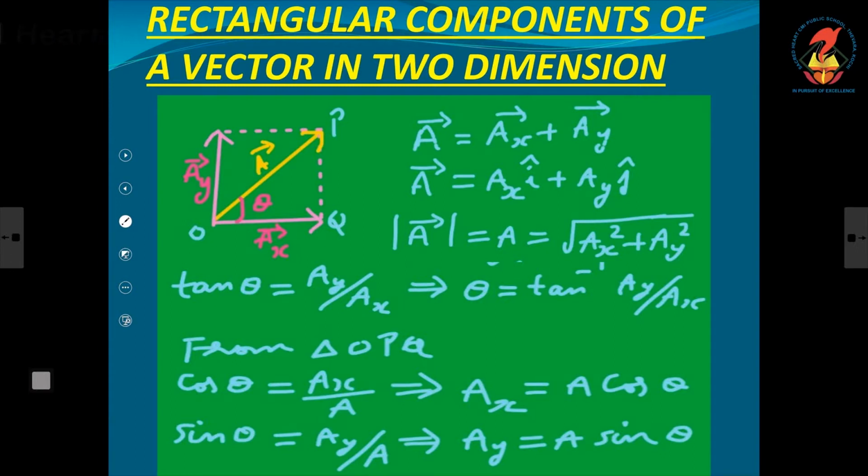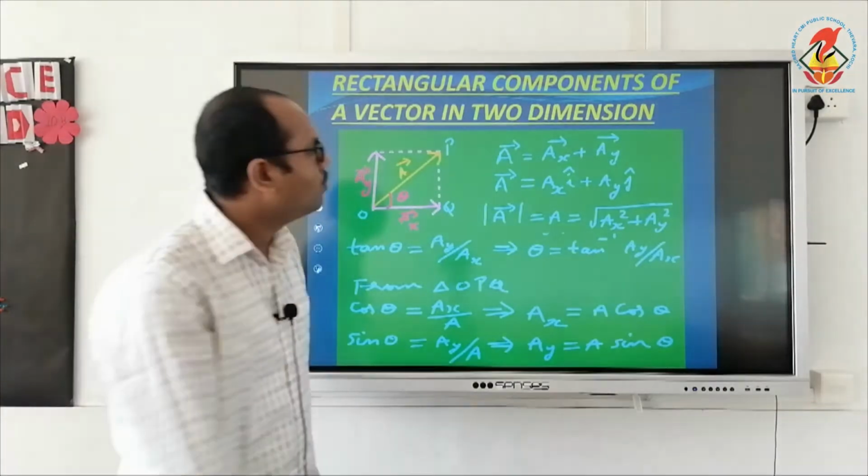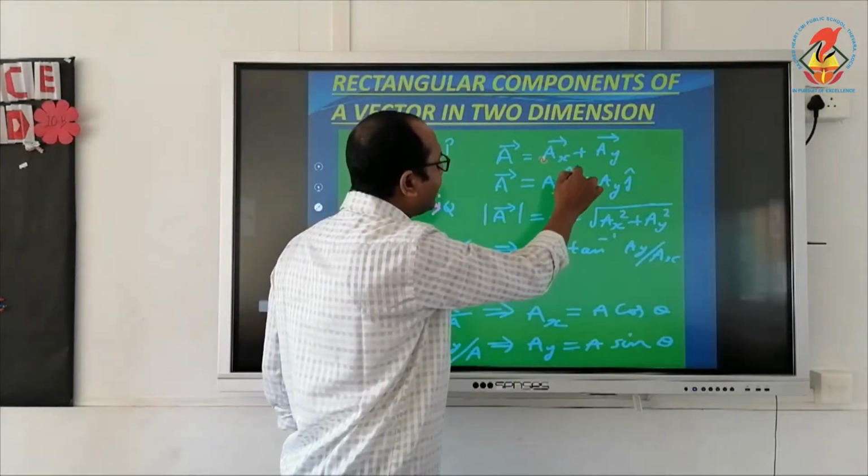Now I just draw the parallelogram here and here. I took the parallelogram and this became the resultant. So now I can write vector A as vector AX plus vector AY. Now what is vector AX?